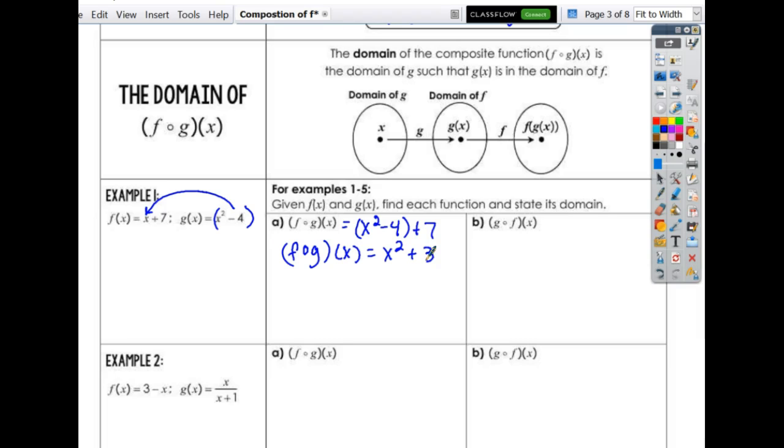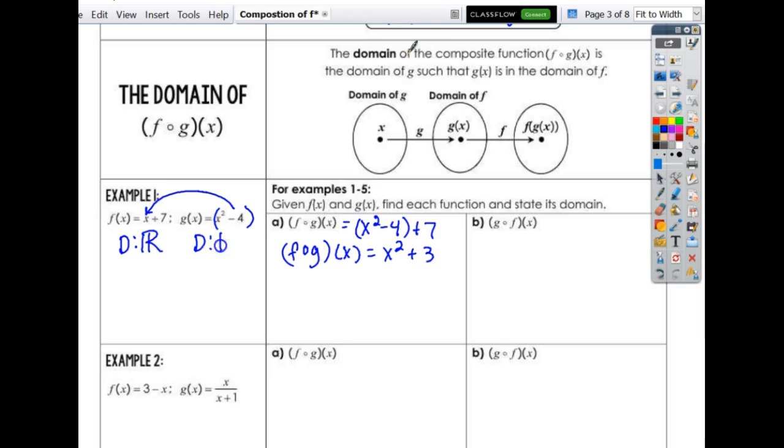So when we're talking about the domain, what's the domain of a line? Are there any restrictions on that domain? No, it's all real numbers. Would there be a restriction on a parabola? The domain of every parabola every time is what?